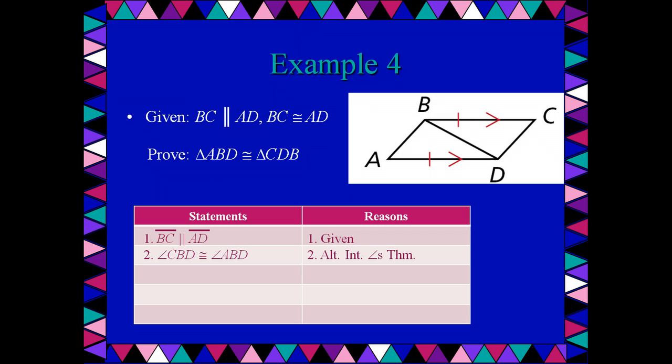And we know that angle CBD is congruent to angle ADB, and that's the alternate interior angles theorem. BC is congruent to AD, that's given. BD is congruent to itself by the reflexive property of congruence. So triangle ABD and triangle CDB are congruent, and that's the side, angle, side, steps 3, 2, and 4.